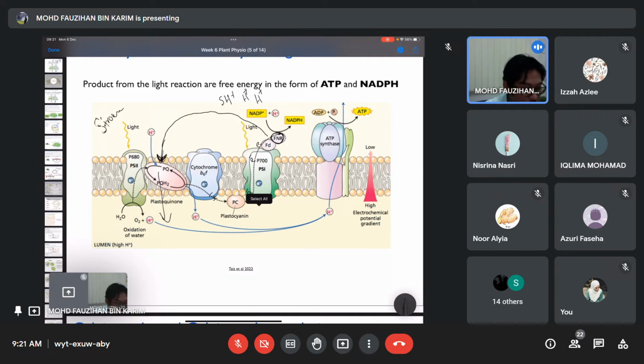The protons will be pumped in, so the concentration here will increase, and the cycle continues. They pump out the protons and produce the ATP. So the principle, the result is the same: producing ATP.